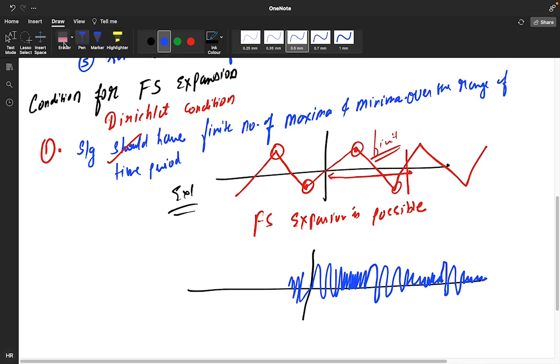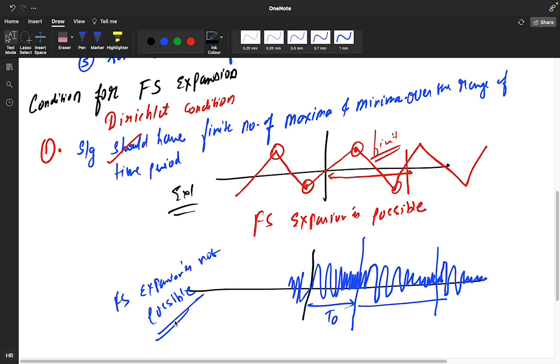This kind of signal does not have a finite number of maxima and minima in the time period T naught. So in this time period we are not getting a finite number of maxima and minima, so Fourier series expansion is not possible. This is the Dirichlet condition.